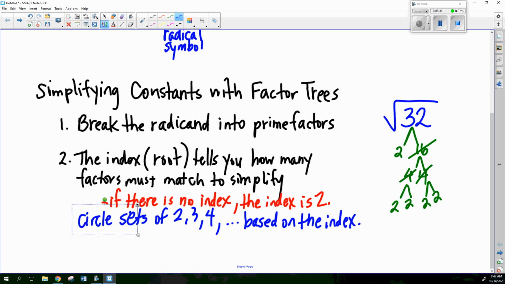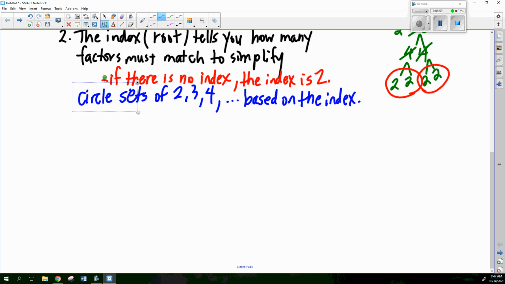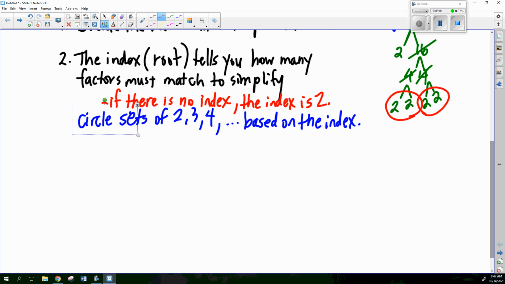It's a square root. So I'm taking my prime factors and I'm circling sets of 2. So pairs. I'm circling pairs. Are you with me? All right, so I have a pair of 2s and another pair of 2s. So I'm circling pairs. That's the same thing as a set of 2, all right, because my index is 2.